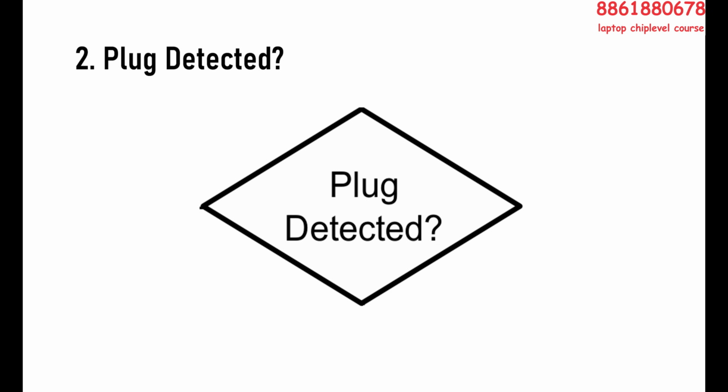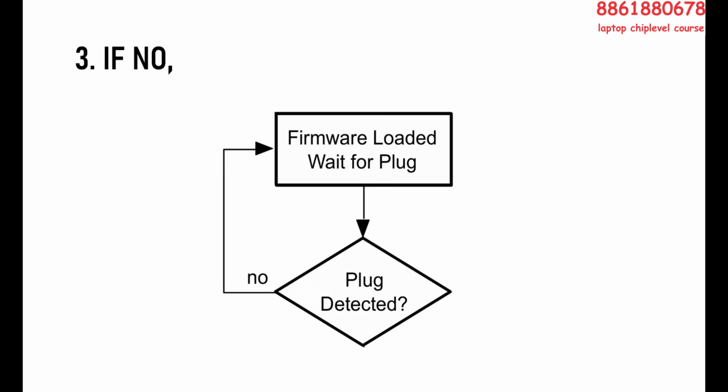Once the peripheral device is connected in Type C, first it has to be detected, right? So the plug has to be detected. That is the first path. If the plug is not detected, then it will re-communicate with the firmware. If the firmware is good, meaning it has that particular peripheral device, then it will move on.